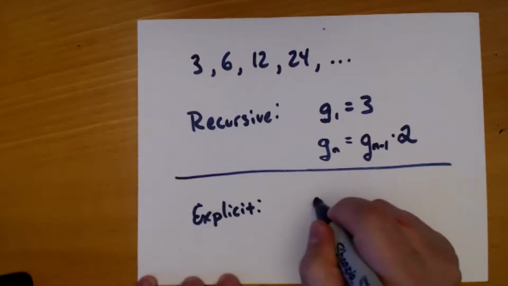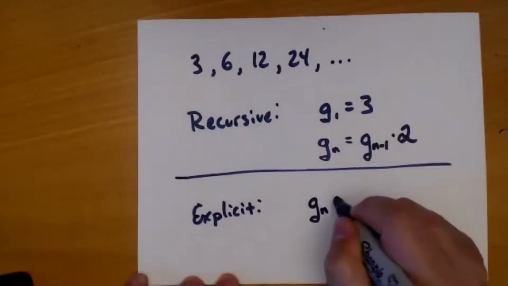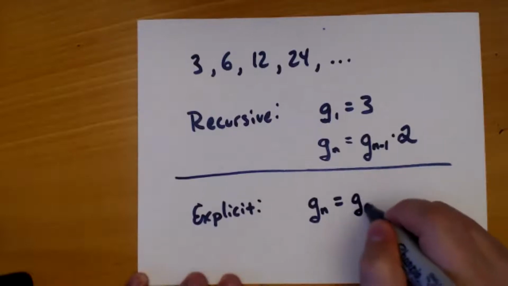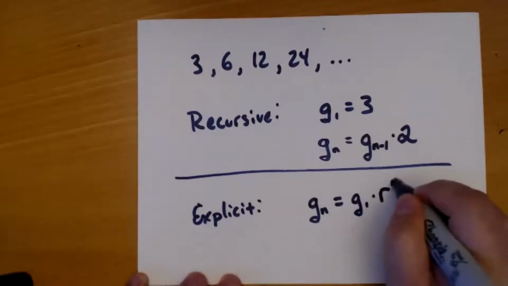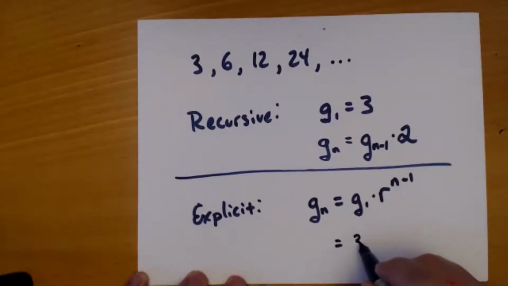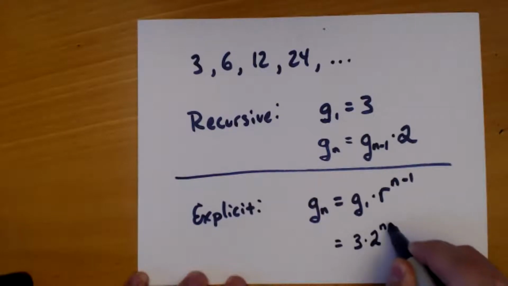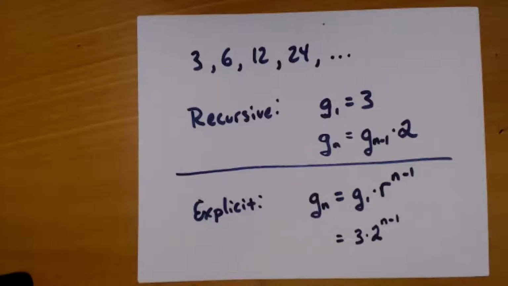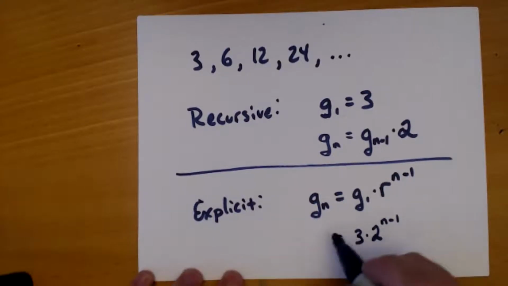So that is G sub n is equal to, now the formula was G sub 1 times R to the n minus 1. So this is 3 times 2 to the n minus 1. This is your explicit formula.